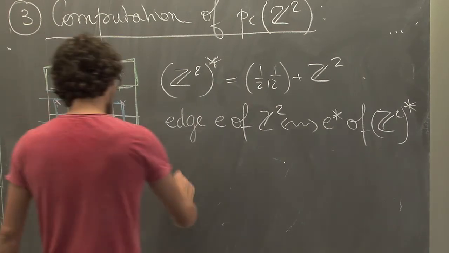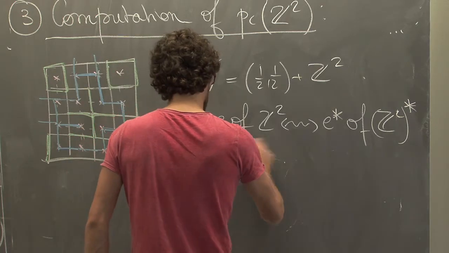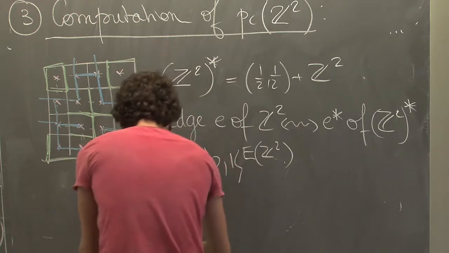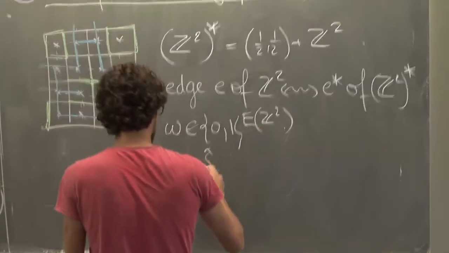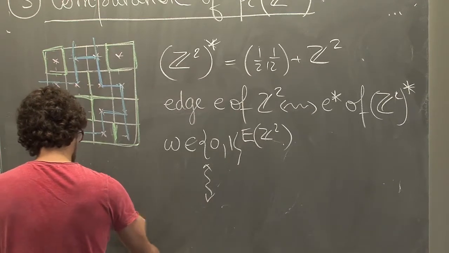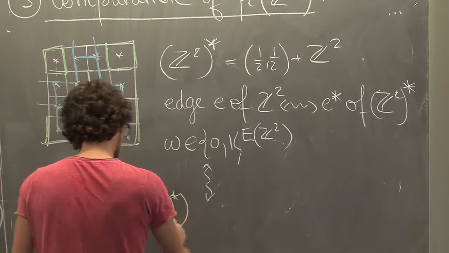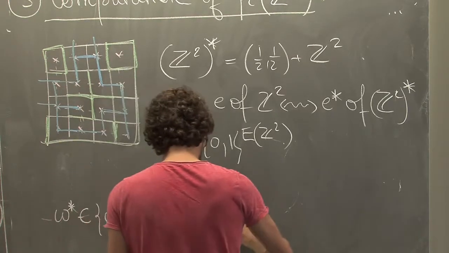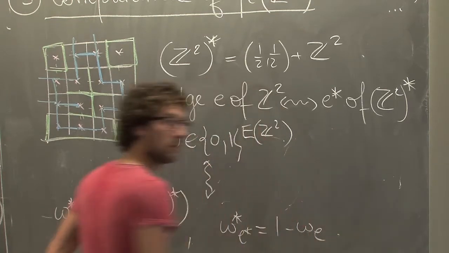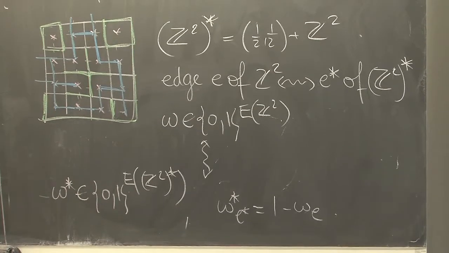And therefore, any configuration omega in {0,1}^{edges of Z^2} is in direct correspondence with the configuration omega* in {0,1}^{edges of (Z^2)*}, which is simply to write omega*(e*) is 1 minus omega(e). Okay? If the primal edge is open, the dual is closed, and vice versa.